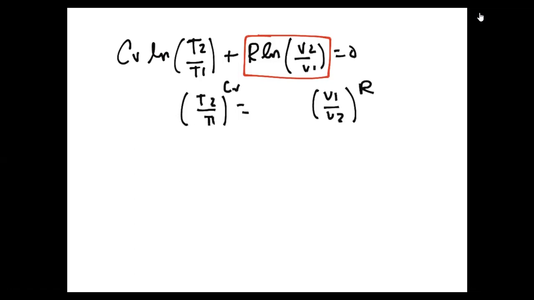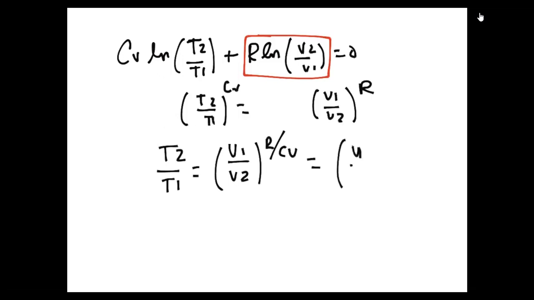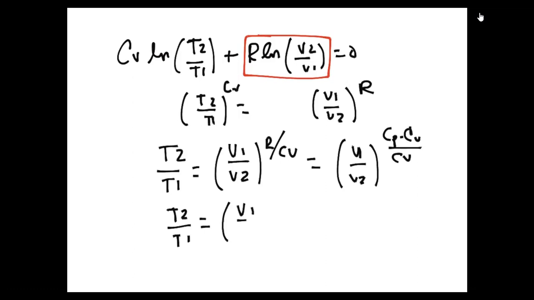This expression we can work out so that T2 over T1 is going to be equal to V1 over V2 to the R over Cv. Since R is also equal to Cp minus Cv, then we can get that T2 over T1 is equal to V1 over V2 to the Cp over Cv, which is k, the ratio of the specific heats, minus 1.